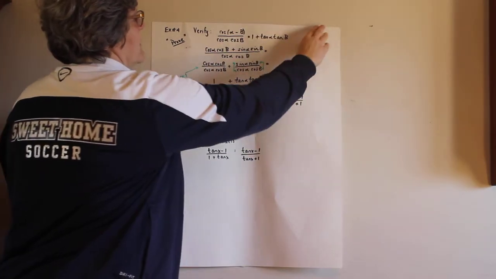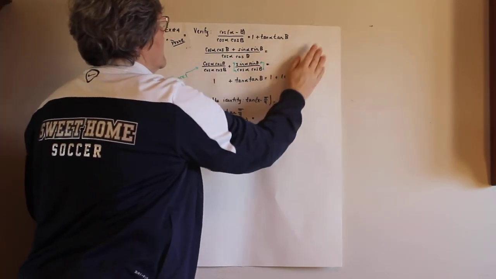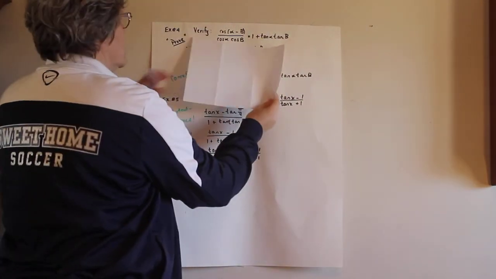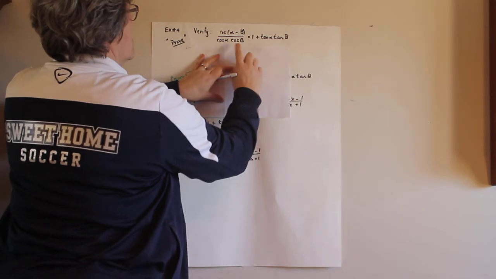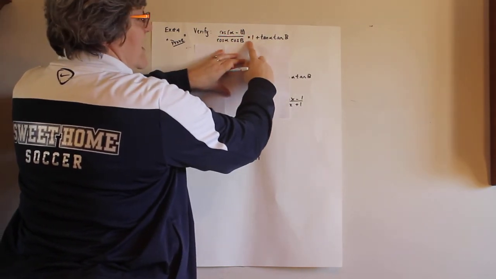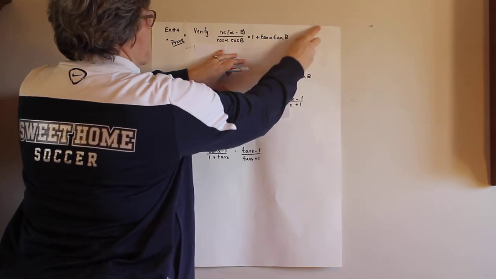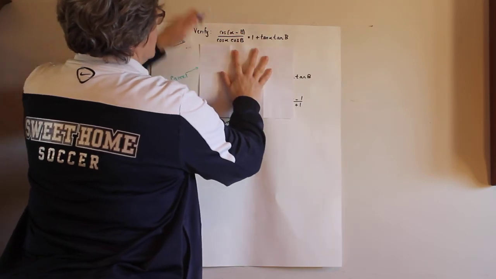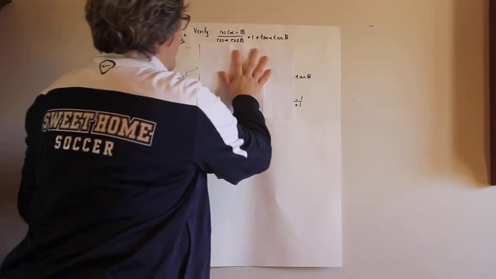So my original basic question is this. Let me cover this up here. Cos of alpha minus beta over cos alpha cos beta equals 1 plus tan alpha tan beta. The first thing I have to realize is that whenever I have an alpha minus beta, that's problematic.